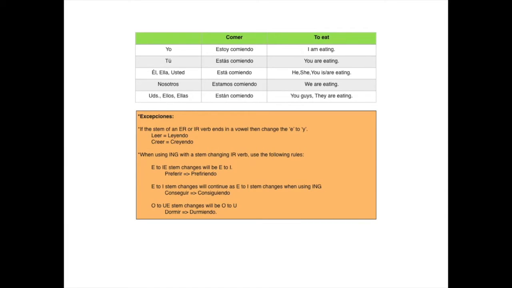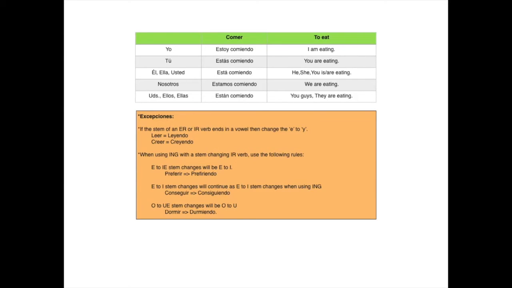If the end of that stem is a vowel, then when we go to add the iendo, the ing ending, we're going to take that I and change it to a Y. So it's not going to be leiendo, it's leyendo.